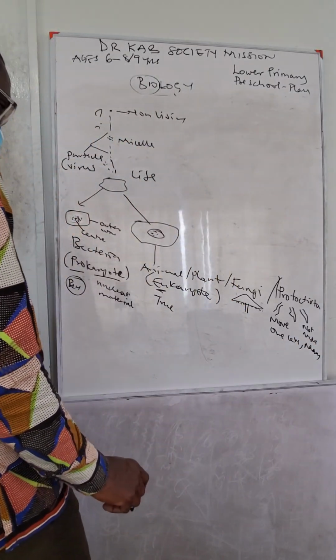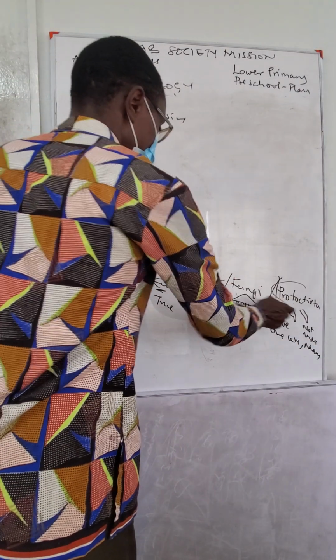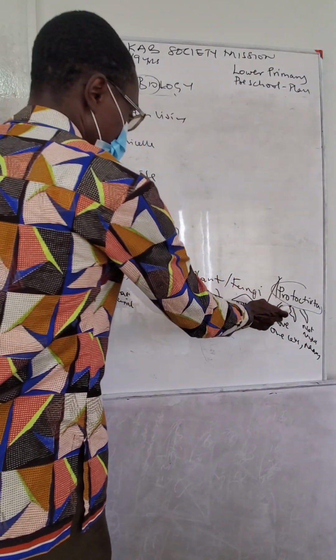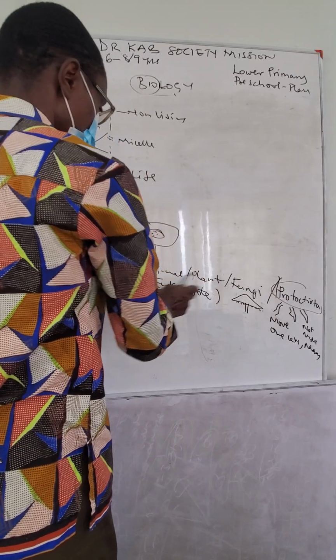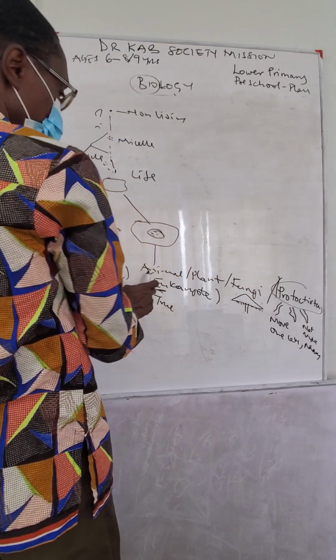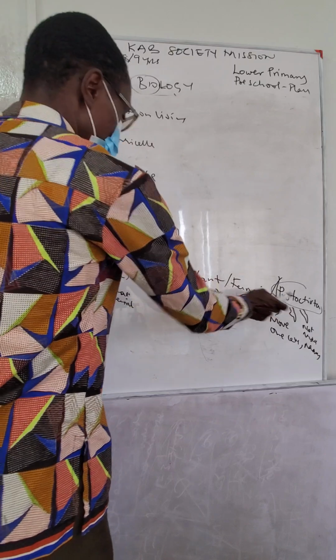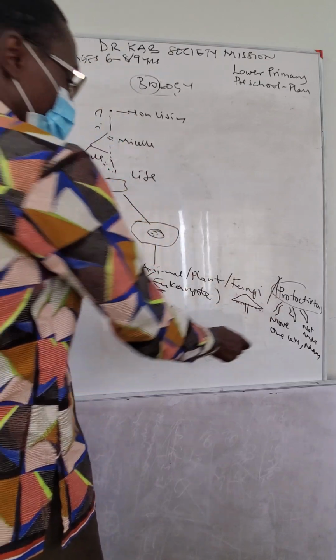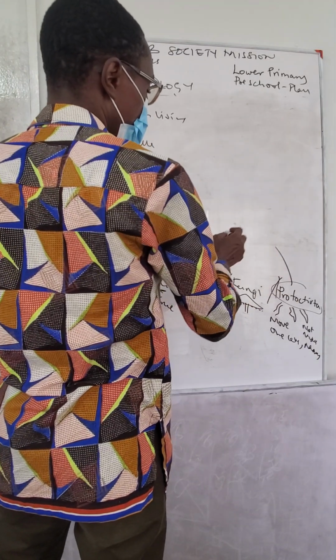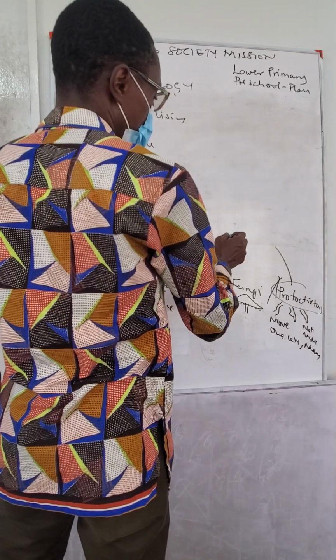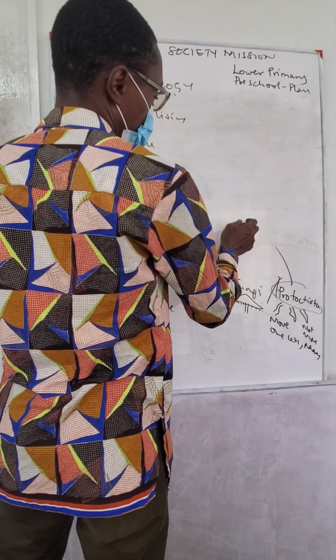So see that this one is like the connection between these three. And some of them look like animals, some look like plants, some look like fungi. An example of a protoctist is the organism that causes malaria in us, Plasmodium.